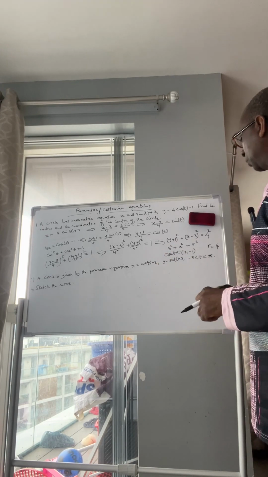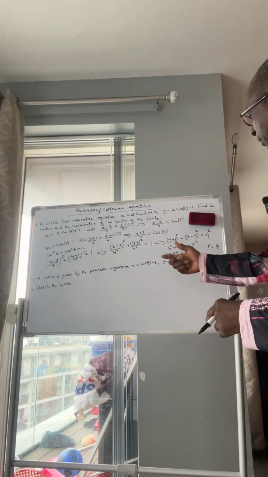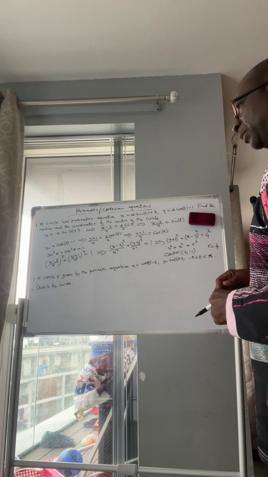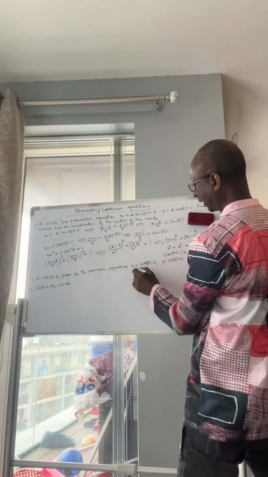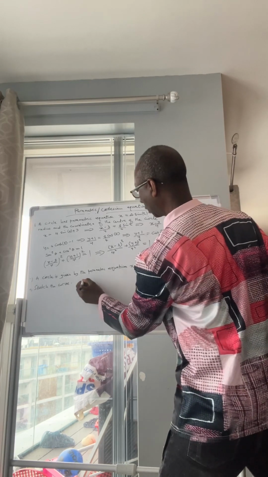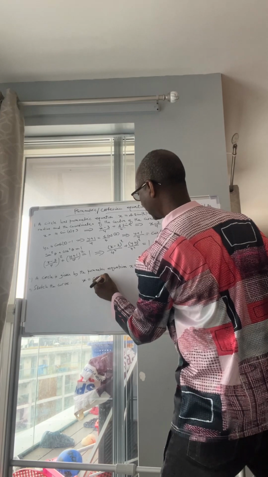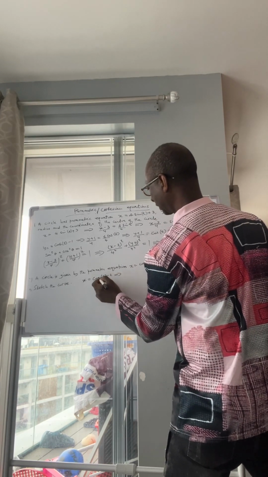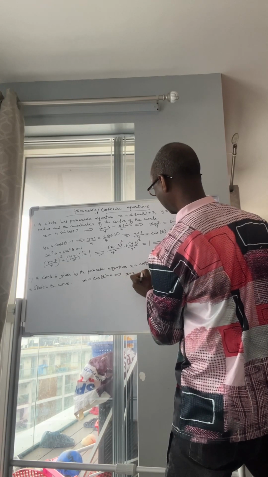So first and foremost, we'd like to bring these parametric equations into Cartesian equations. That will help us to sketch the curve we are asking about. So x equals the cosine of t minus 2, which means x plus 2 equals the cosine of t.